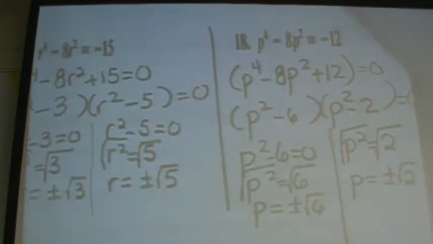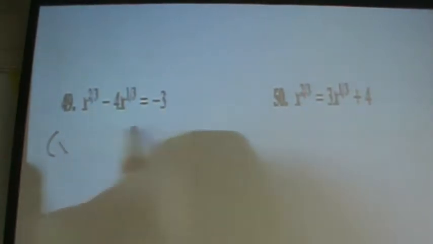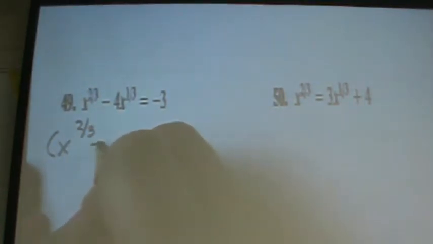Okay, the next set of problems I would like to do are 49, 50, and 51 with fractional exponents. So what you have to do is factor these. First of all, get it set equal to 0.